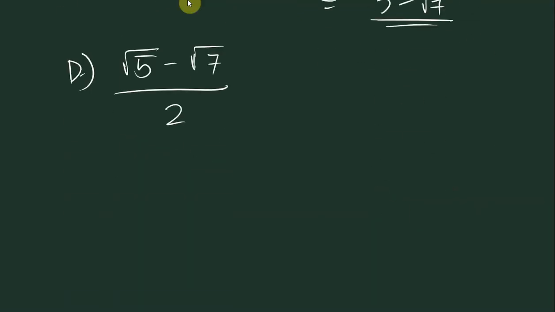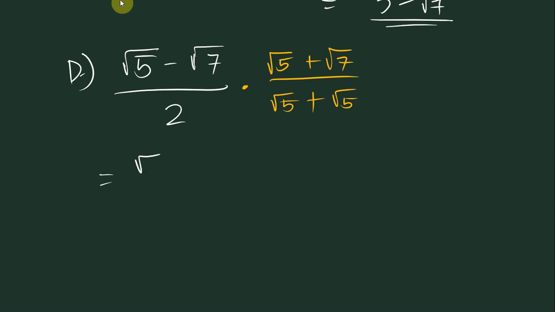For the last example, we have here square root of 5 minus square root of 7 divided by 2. So how will we remove the radical symbol from the numerator? We multiply it by square root of 5 plus square root of 7 all over square root of 5 plus square root of 7. So we will get square root of 5 squared minus square root of 7 squared.